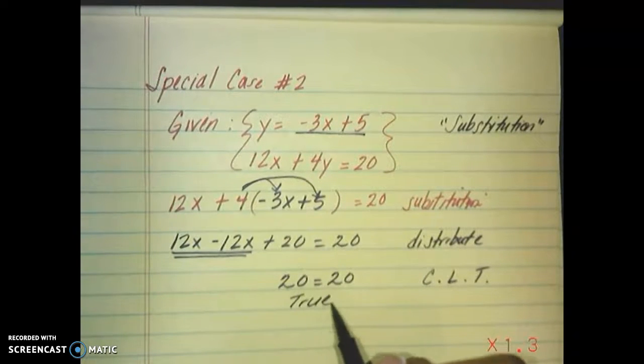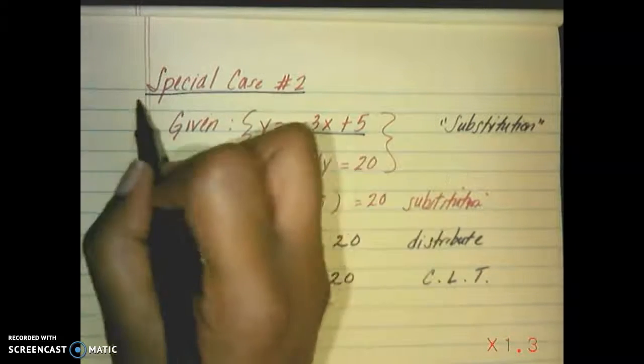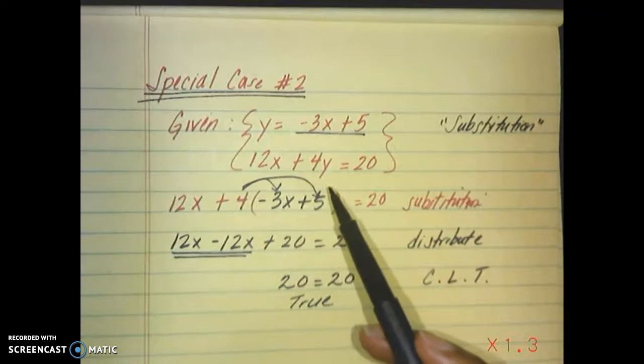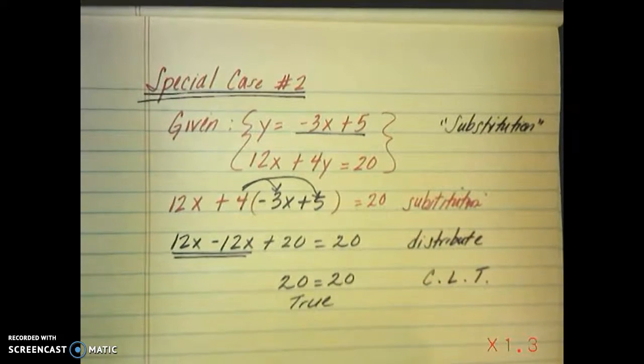That is true. But what does that mean in terms of a special case? In this case, since 20 equals 20, this would be an example of overlapping lines. Lines that coincide. It's the exact same equation. All of those definitions just to say that if I was to graph both of these, I would get the same line, one on top of the other.